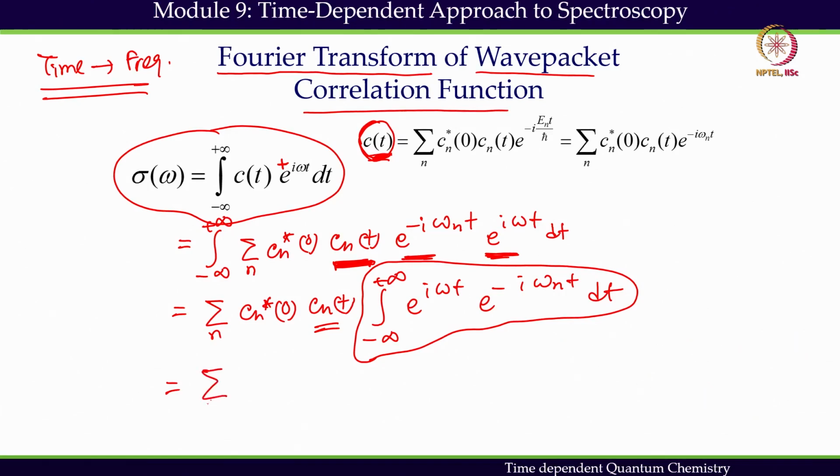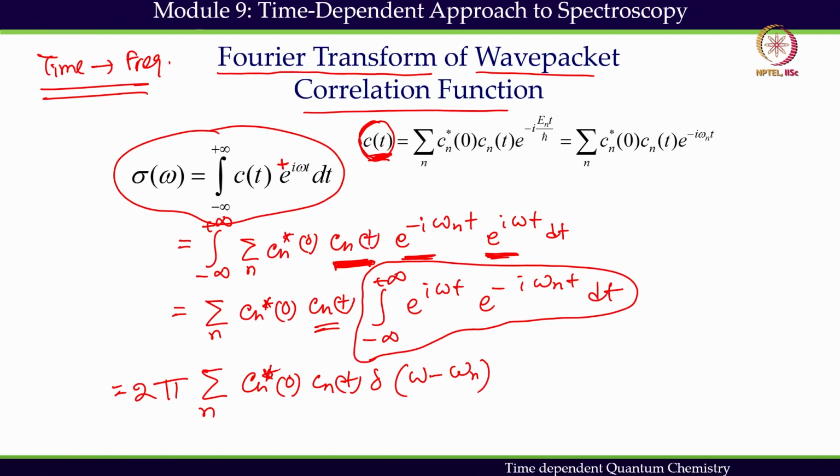This is nothing but the summation of Cn star 0, Cn t, and then delta of omega minus omega n, and there is a 2 pi term also.